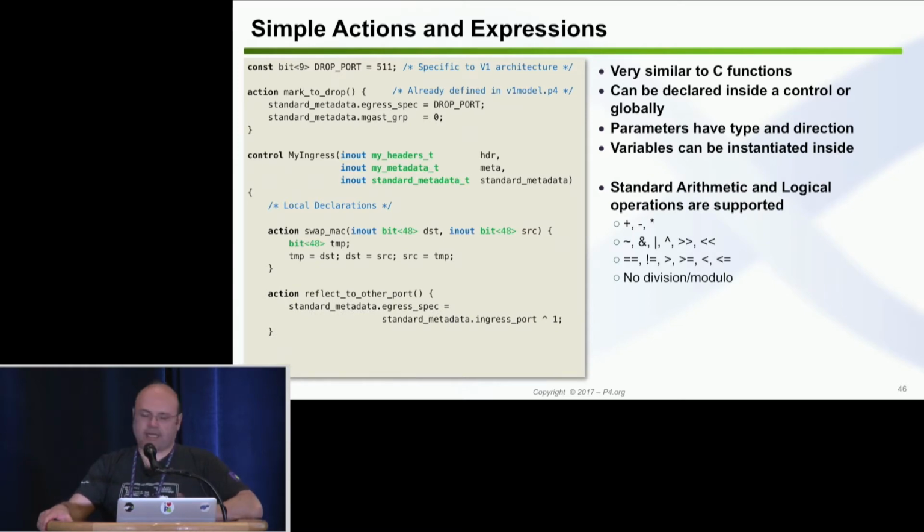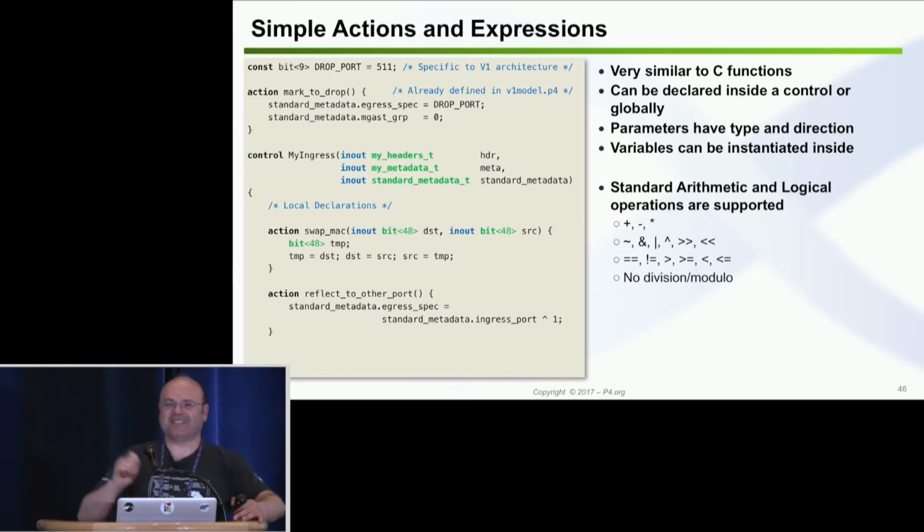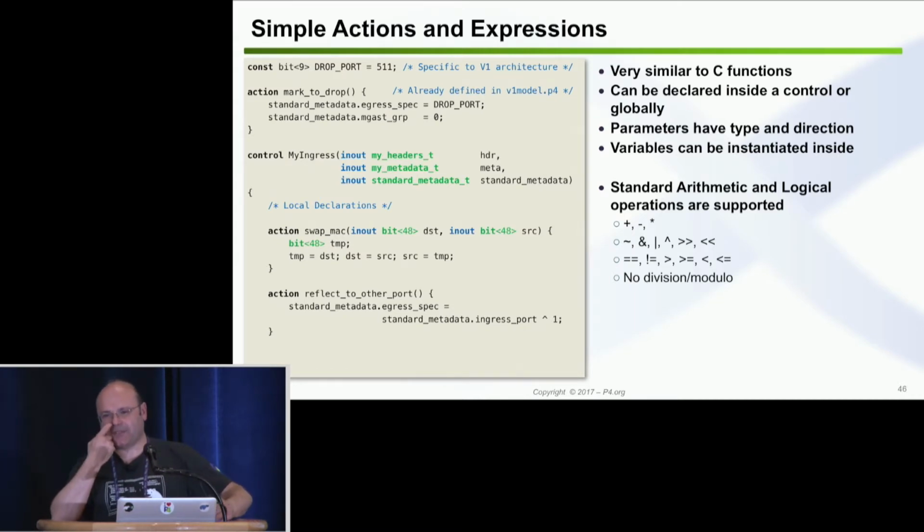So here's another action. We'll call it reflect to another port. So what I'm doing here, just for the sake of the example, I'm flipping the last bit, the bit 0 of the port number. So if the packet comes in on port 0, it will get back on port 1. It comes in on port 1, gets back out on port 0.